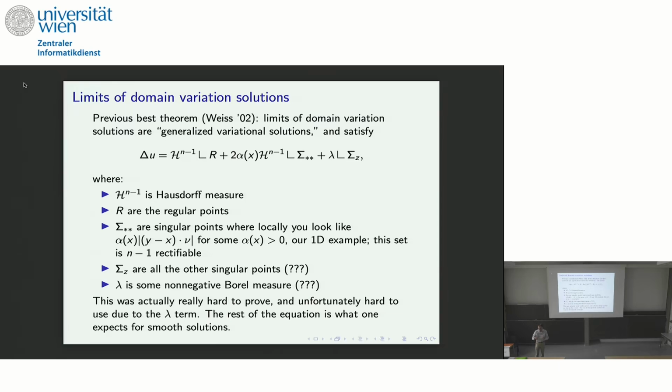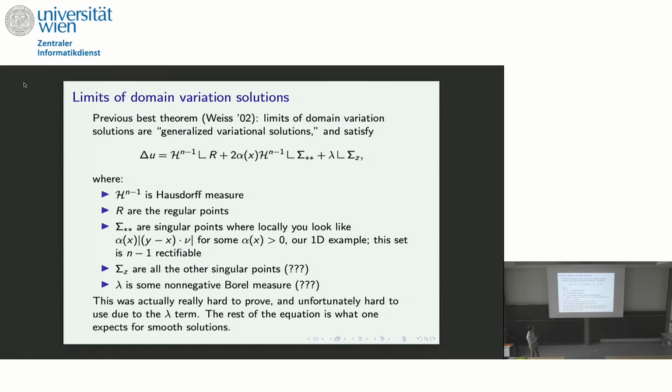This is just like a computation in 1D, essentially. Then here, sigma double star are the singular points where locally you look like an absolute value. This is the only kind of singular points I've showed you so far.